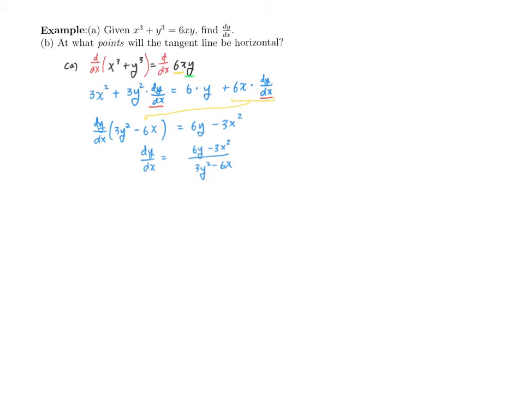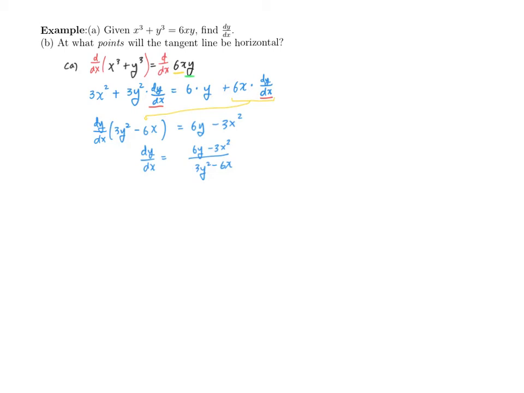Differentiate with respect to x, that's going to introduce some number of dy/dx terms. Move all of those terms to the left, any other terms to the right, and algebraically isolate dy/dx. Now that we've found it, this is where the nature of the problem is going to change, depending upon what we are asked to do with it.